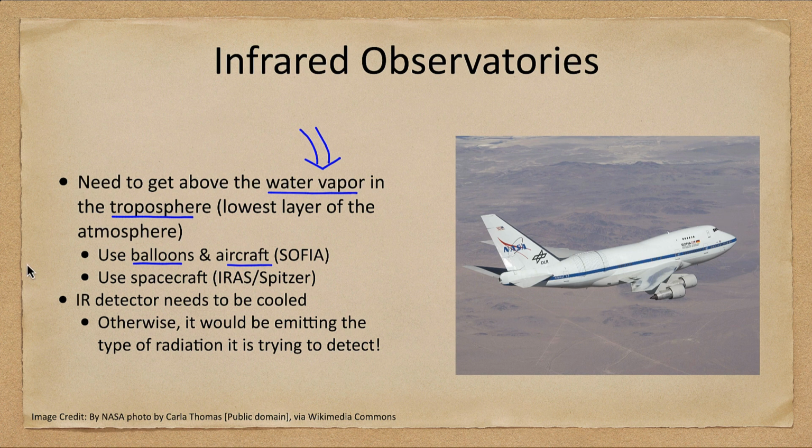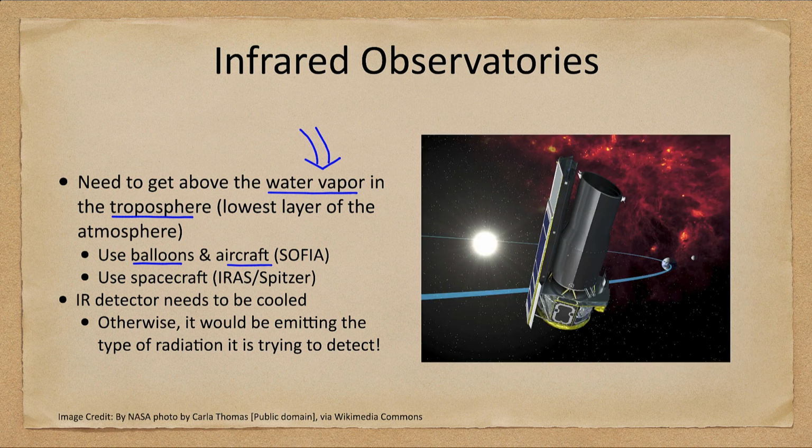We also can use spacecraft getting up into orbit. Again, we're getting well above the water, and therefore we can use that to be able to see the universe in the infrared.